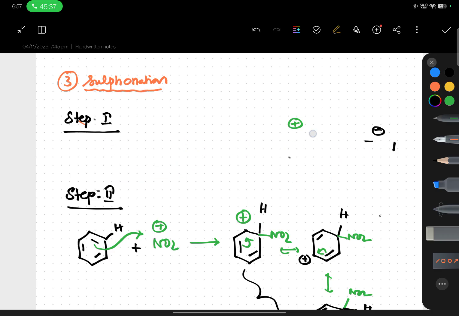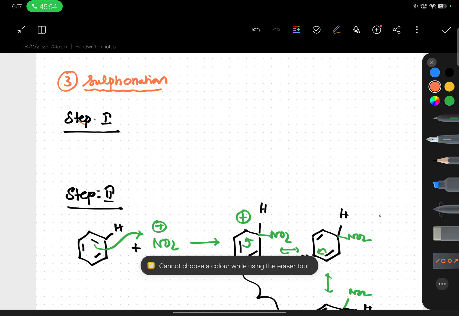Again, what is step number 1 here? Any idea? Generation of electrophile. Exactly.